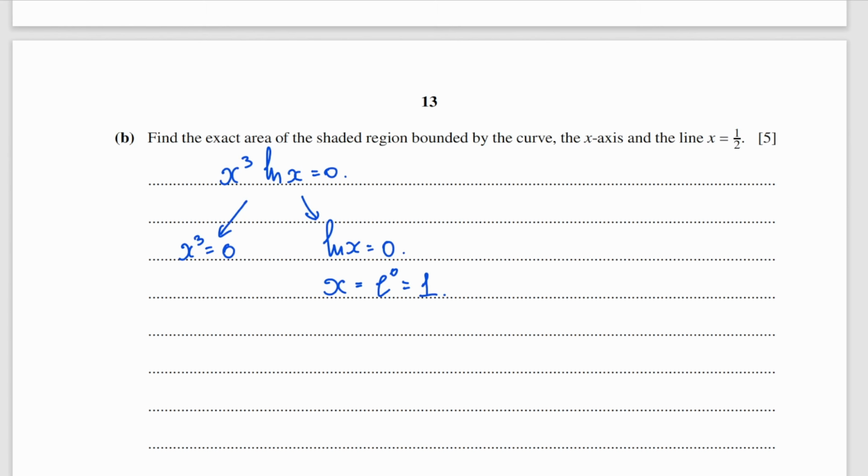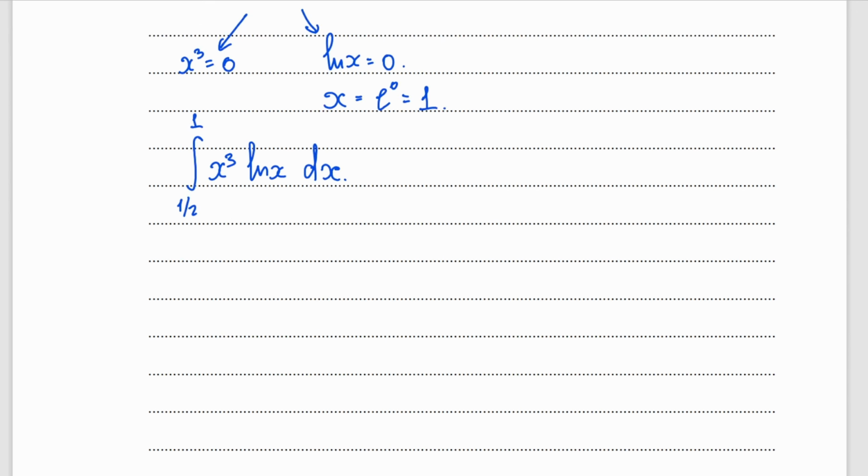Now, how do we find the area? That's integration from 1 over 2 to 1 of x cubed log x. And we can find this integral by integration by parts.